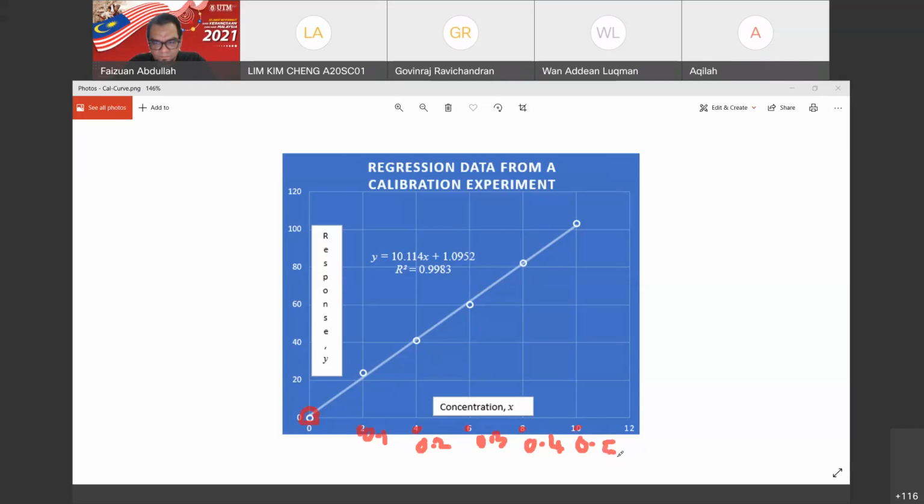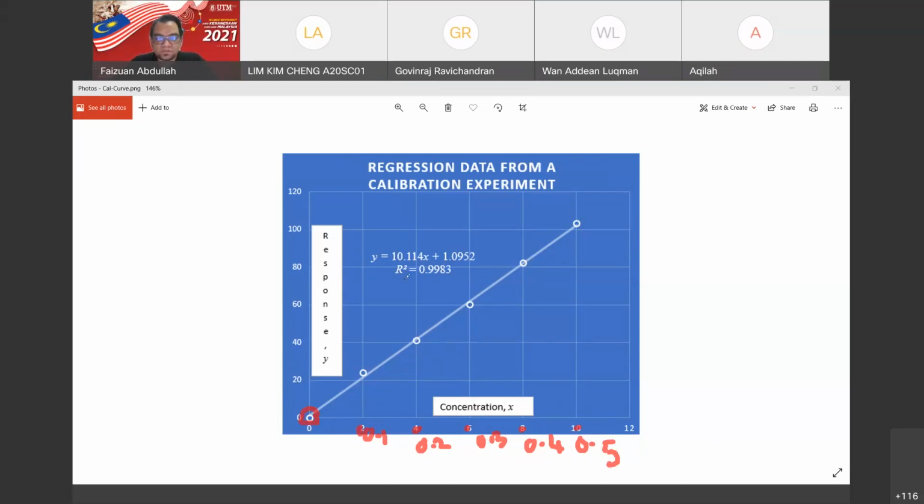So the first solution that we run for the AAS to read the concentration is 0.1 ppm. And let's say the AAS reads the absorbance, and it is plotted here. After that, 0.2 is here, 0.3 here, 4 and 5.